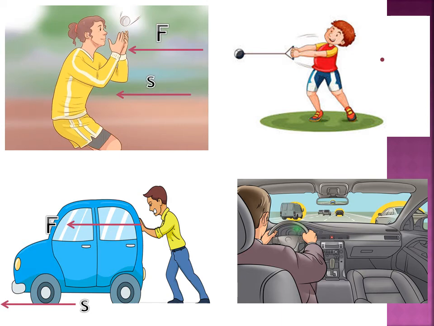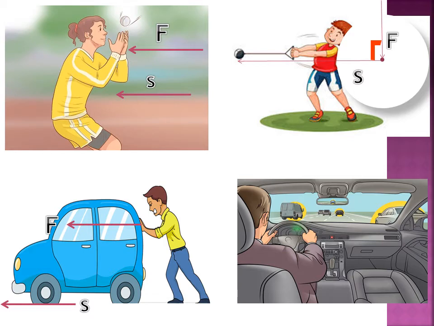So this is also an example of positive work done. In the third example, the stone is moving in a circular direction. So the displacement and the applied force are perpendicular to each other. When the force and displacement are perpendicular to each other, it is called zero work done.